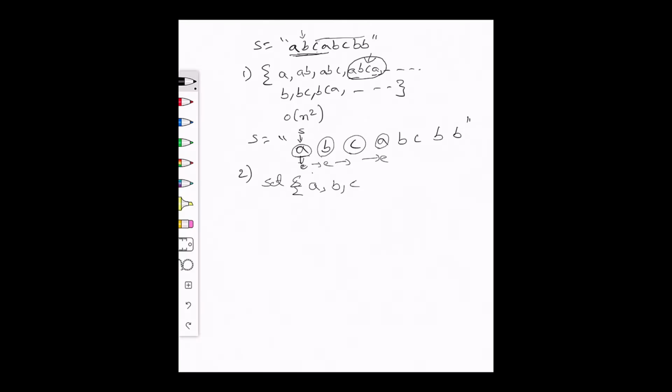As A is present, we'll stop our end pointer here and we will remove the character which is present at the start pointer from the set. The character at the start pointer is A. Now remove A from the set, and we increment the start pointer. Now the start pointer moves to here.